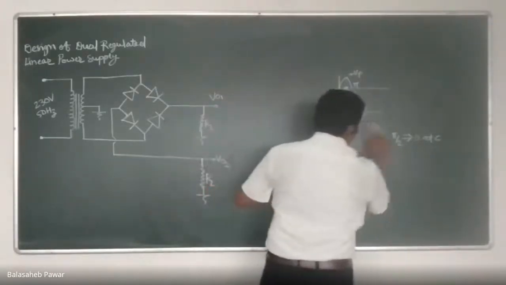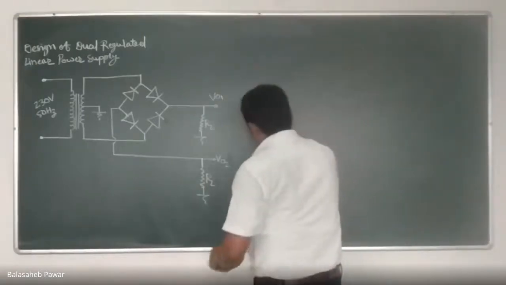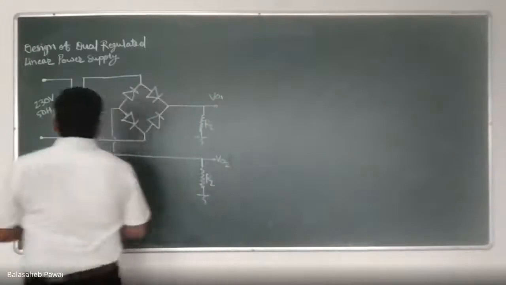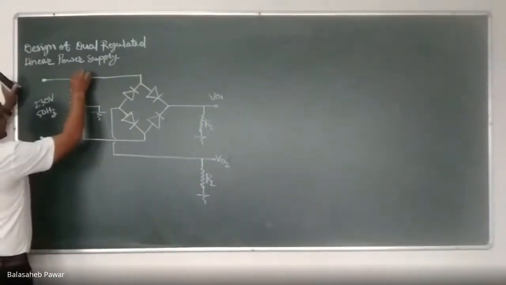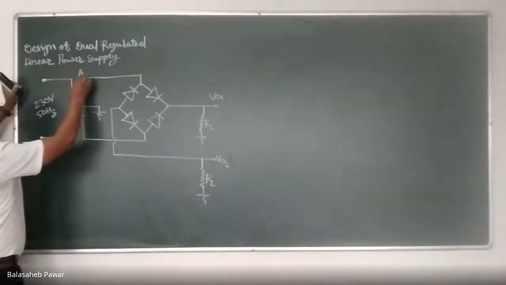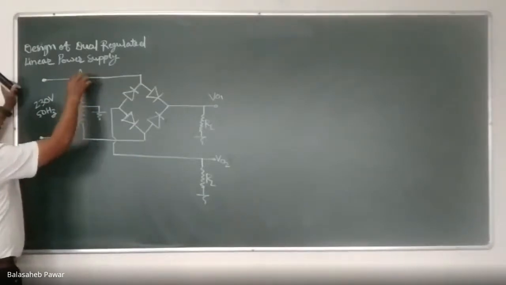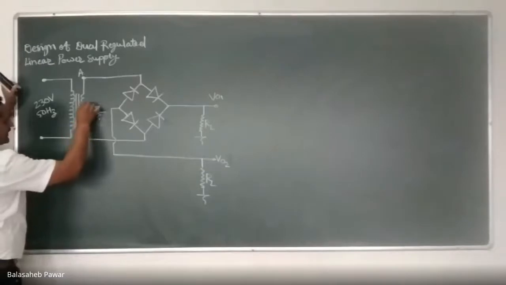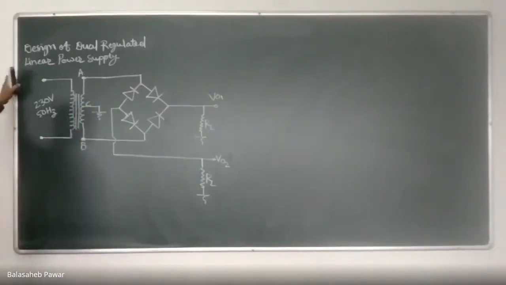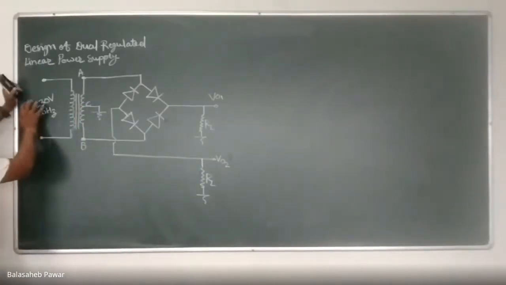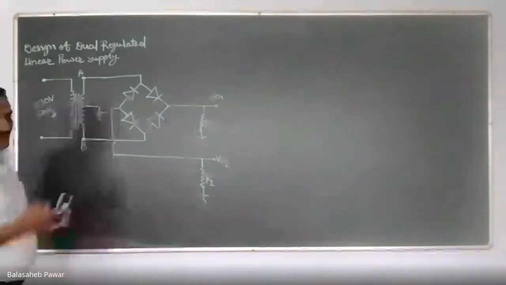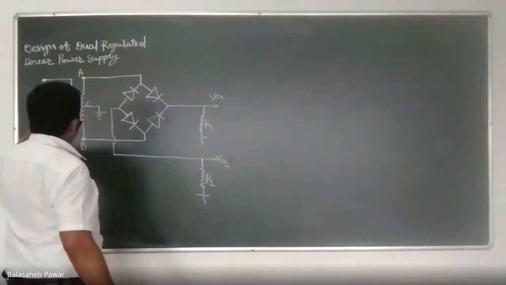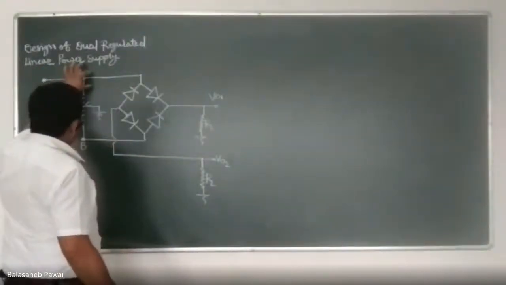Now, we'll see the working of our desired circuit. Again, same method of whatever we consider. I will go on to consider this upper terminal as A, this bottom one as B, and center tap as C. Whenever input will be at positive potential, or for 0 to pi, we'll consider that input is at positive.